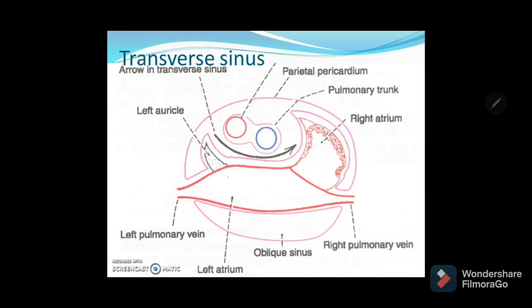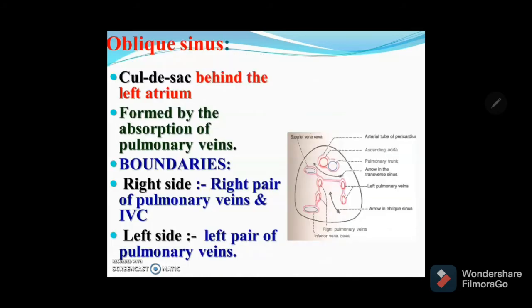So that is the transverse sinus. You can see, you can pass the fingers between the two. They depict the development of the heart from different ends, and also tell about the formation of bulboventricular loop. So to understand this, you should go through the development of the heart in detail. So please go through it, study the embryology.